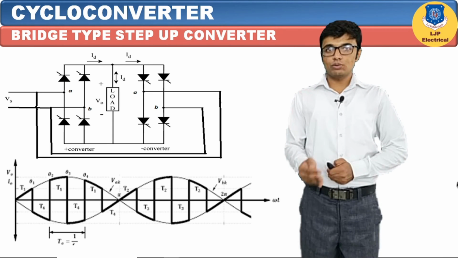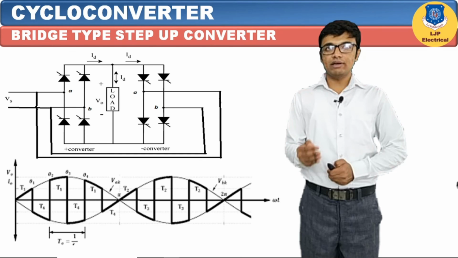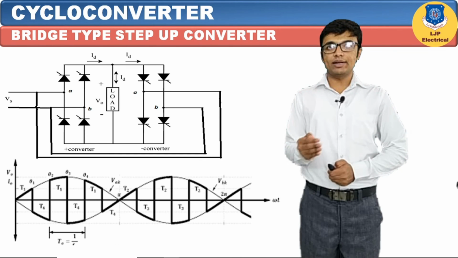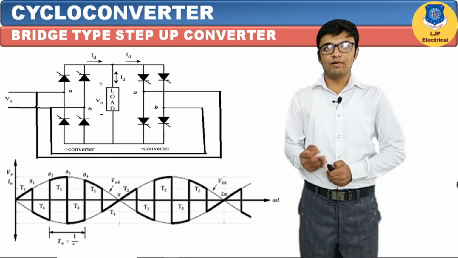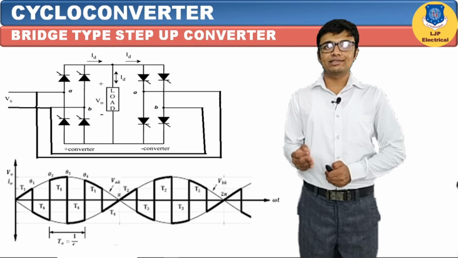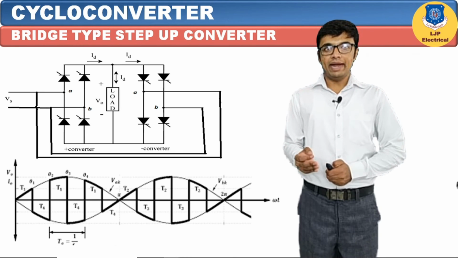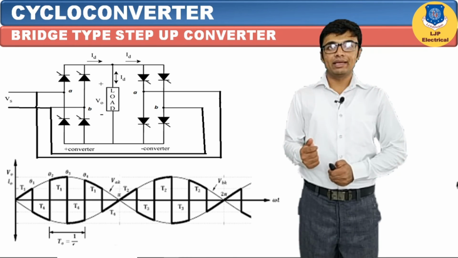Same time, to generate negative half cycle during positive half cycle we have to use the negative bridge, and we have to trigger thyristor Tn1 and Tn3, so that we will get negative half cycle during positive half cycle, and current will flow from A to the thyristor Tn3 to the load, and it will flow from bottom to top in the load.